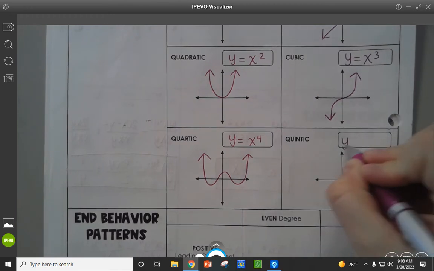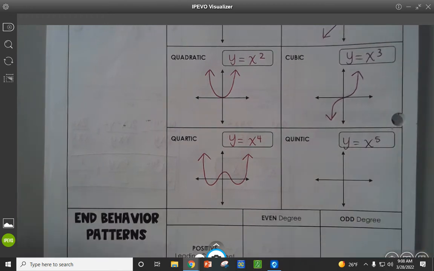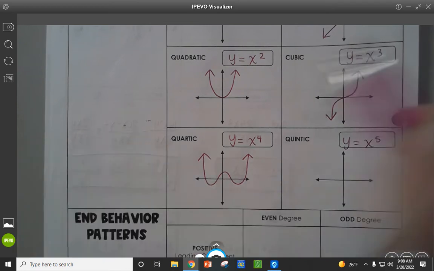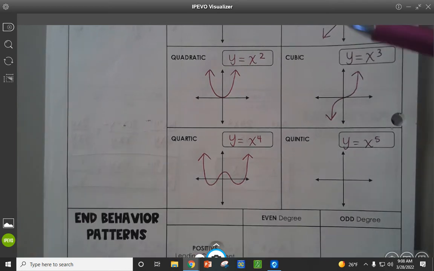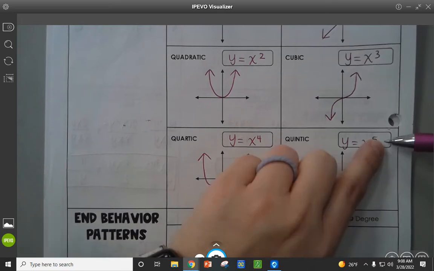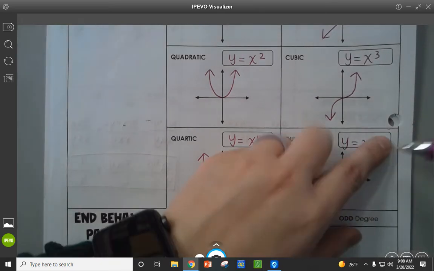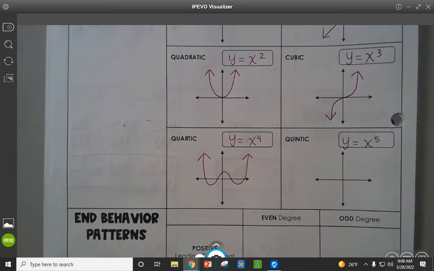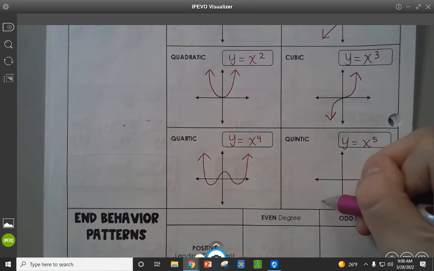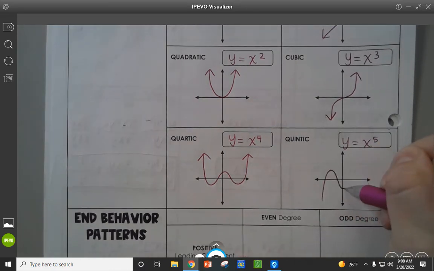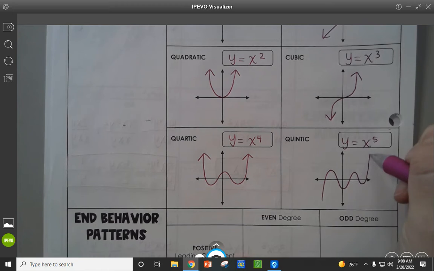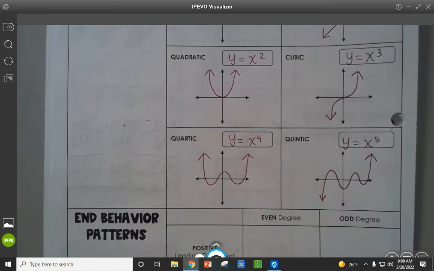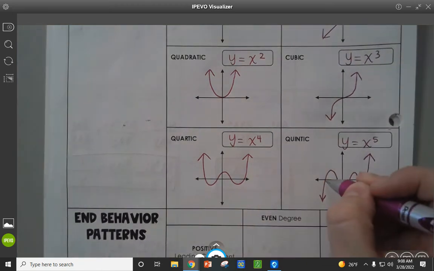A quintic, y equals x to the 5th. If you only type in x to the 5th in your y equals, it's going to look a lot like the cubic. But again, if I had like 2x to the 4th minus 3x cubed, things added onto it, it can really change it. So this is potentially what it could look like. It could cross the x-axis like 5 times.